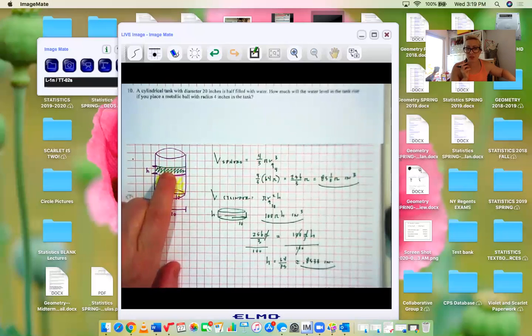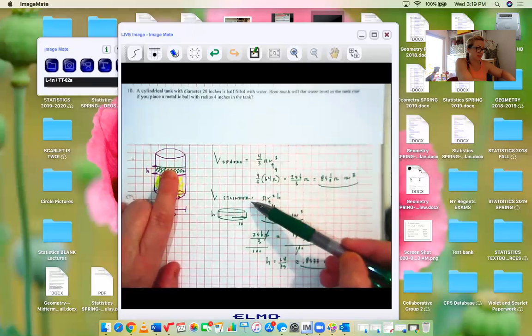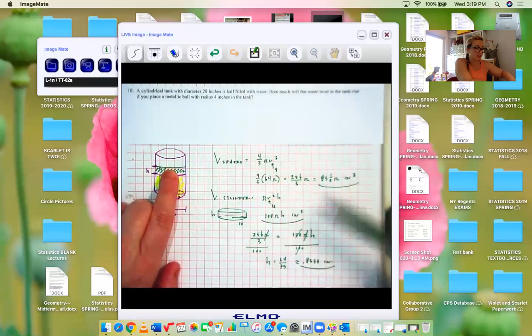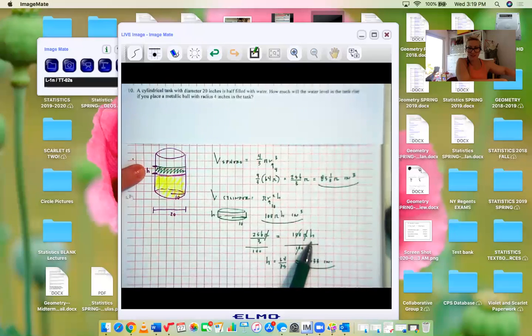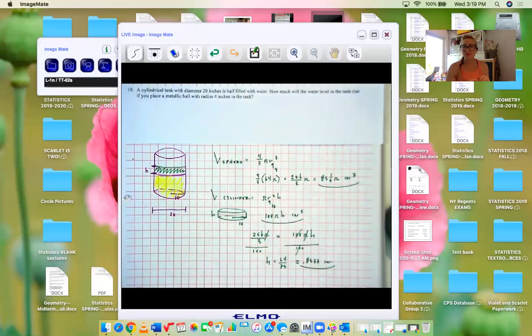So I know that the volume of the sphere right now, this is what I'm just looking at in terms of a cylinder equivalent, right? The total space that they fill up, that they occupy is the same. So I'm taking that volume of the sphere, the volume of the cylinder, setting them equal to each other, and then solving for that height right there. And I ended up with a 64/75, or about 0.855 inches.